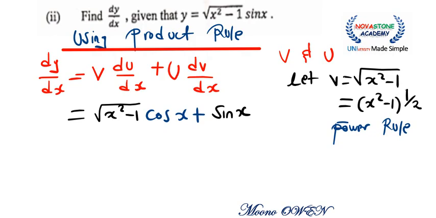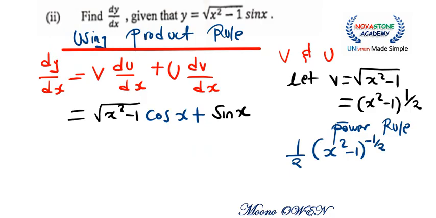According to the power rule, we get the power, multiply it with the coefficient, then subtract 1 from the power, then differentiate the inside. So we're going to have a half multiplying x squared minus 1, then to the power we subtract 1. The power is 1 over 2, and 1 over 2 minus 1 gives you negative a half.